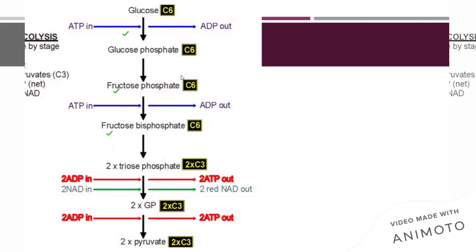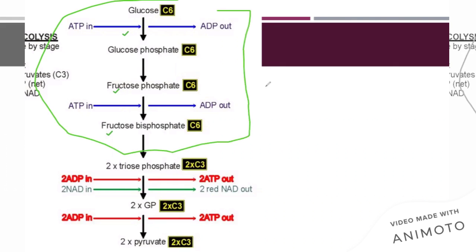So we end up having 2 phosphorylations and 1 isomerization in that investment phase. So the whole part here, we want to categorize that the entire region speaks to the investment phase of glycolysis, because we would have invested 2 ATP to facilitate the 2 phosphorylations here.